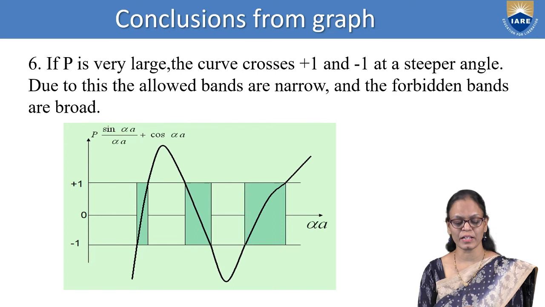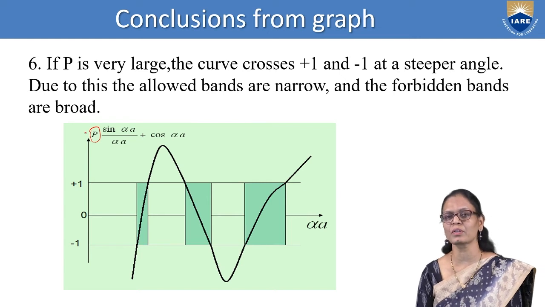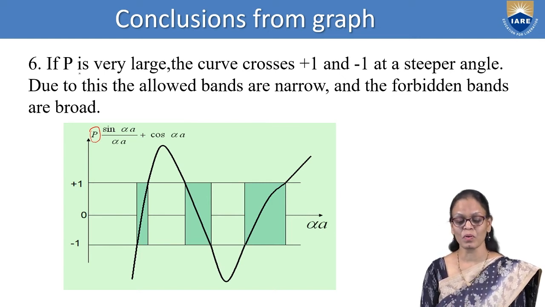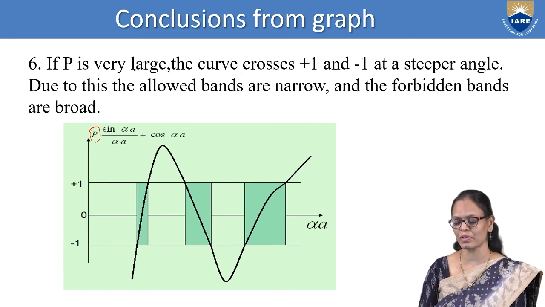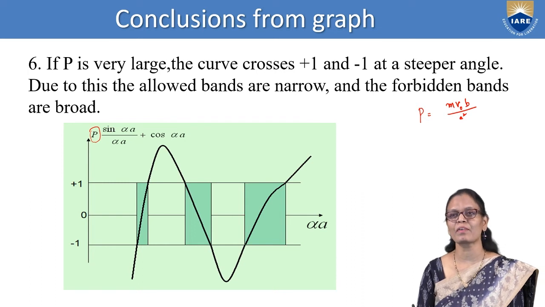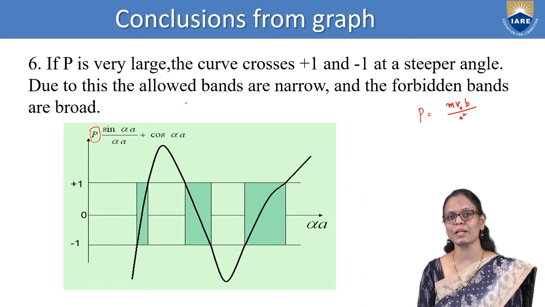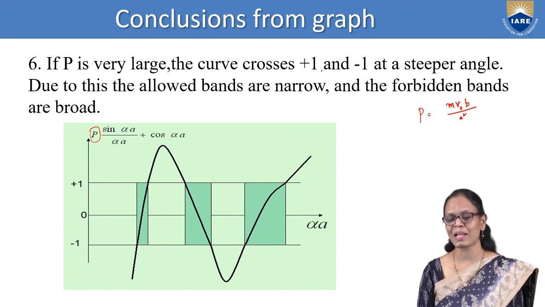So what we understand here is, if P is very large, P here is this value of P. Here we have plotted a graph for the value of 3 pi by 2. What we are trying to understand is, if the value of P, that is the scattering power, which we have taken, P is equal to m v naught b upon a square, then the curve crosses +1 and -1 at a steeper value.